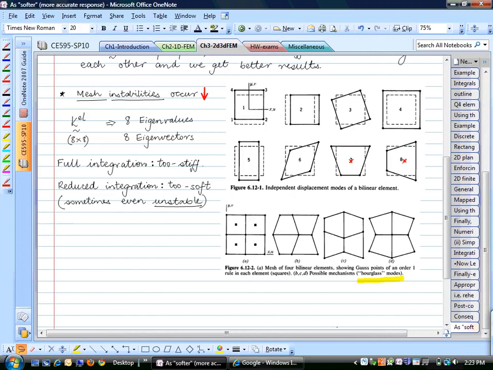The reason that they are called hourglass modes is because this kind of looks like an hourglass, right? And for small meshes like this, if you use a 1x1 Gauss integration, then without applying much load, your mesh will deform in these different types of modes that are called 0 energy modes or hourglass modes. So this is a mesh instability problem of reduced integration.